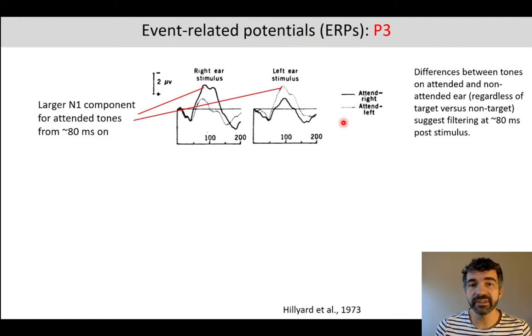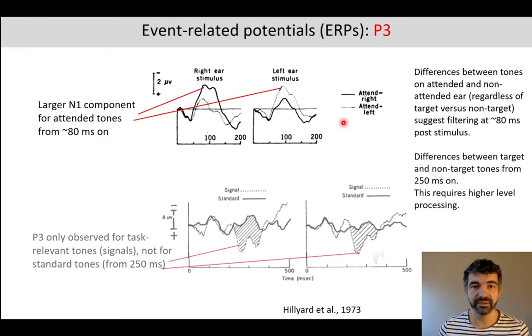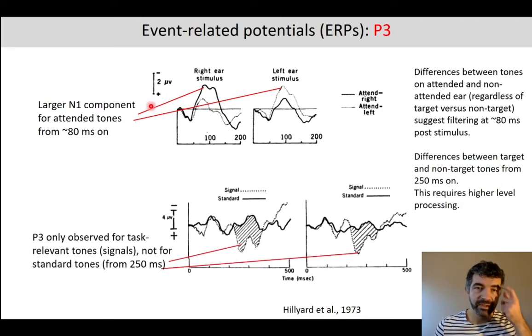Now the question is, is this before or after participants have higher cognitive processing, so before or after they can tell apart targets from non-targets? And actually, the filtering is happening before, because here the P3 or P300 you can see is only appearing for task relevant tones, for targets.